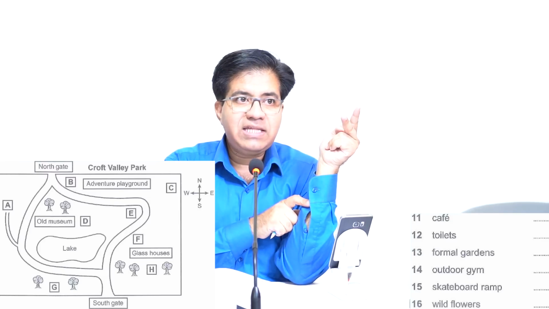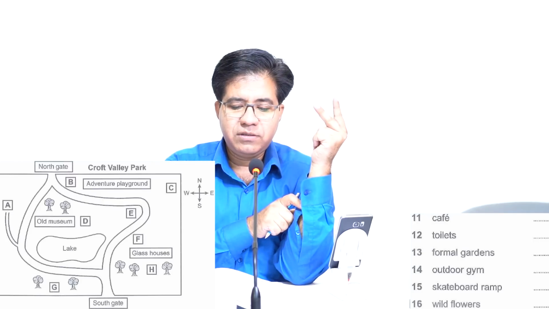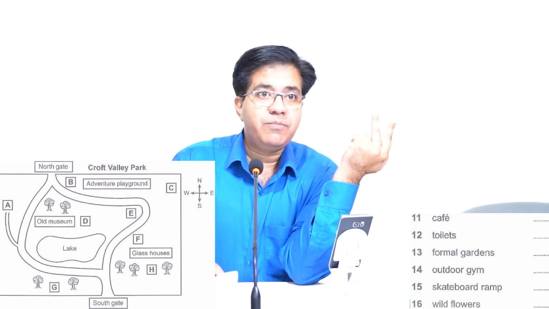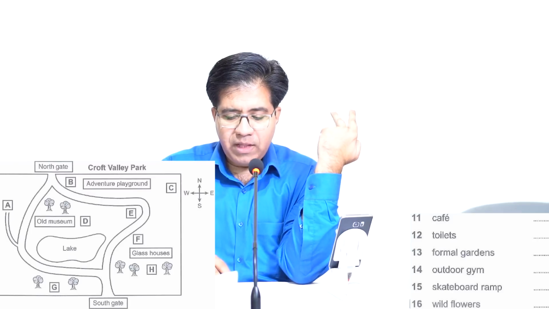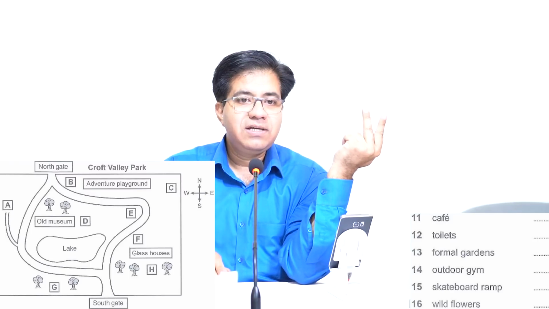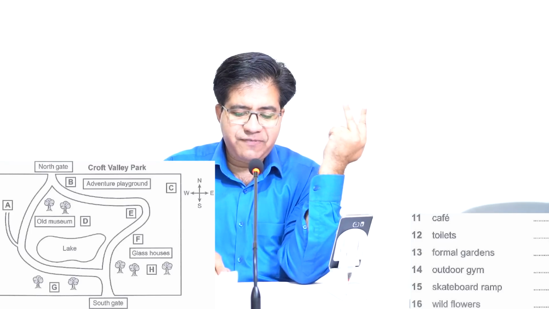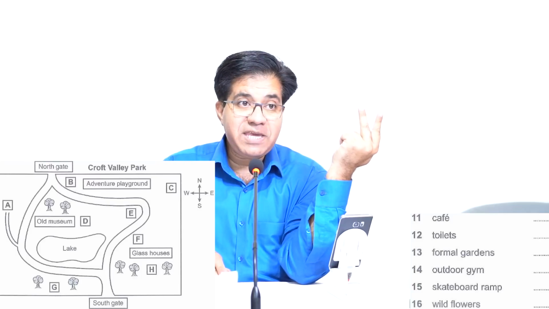If I say it's next to the museum, which option? It's next to the old museum. Which option? D for doctor. If I say it's among the trees in front of glass houses, option H. If I say it's on the west side of adventure playground, B, west side.